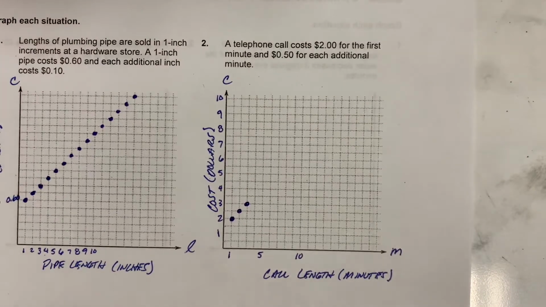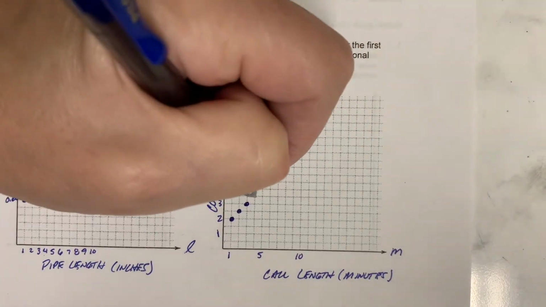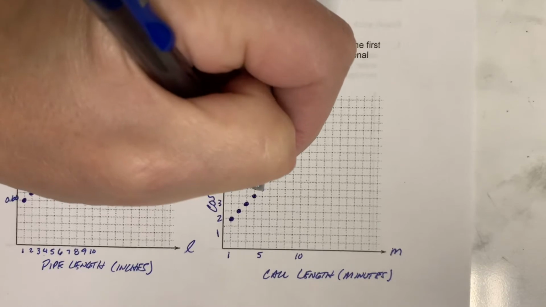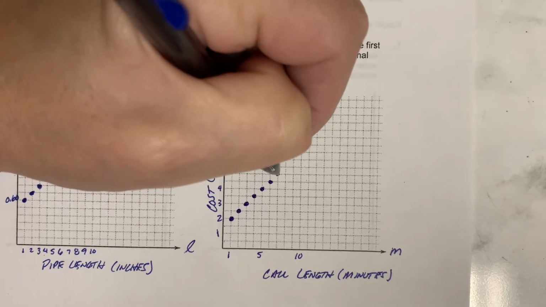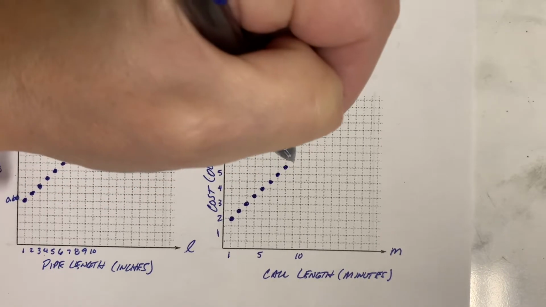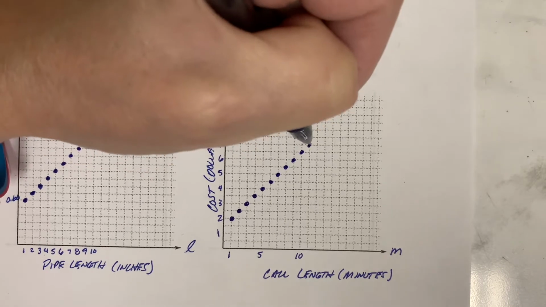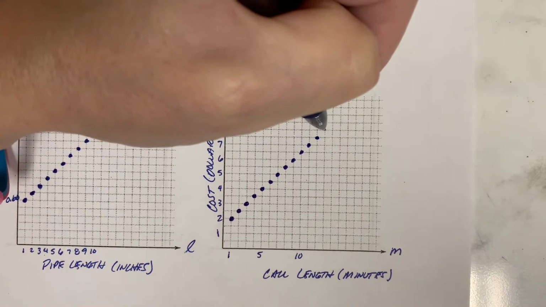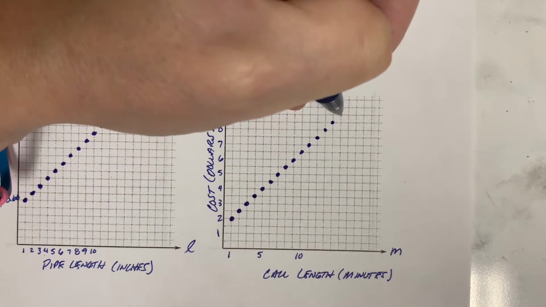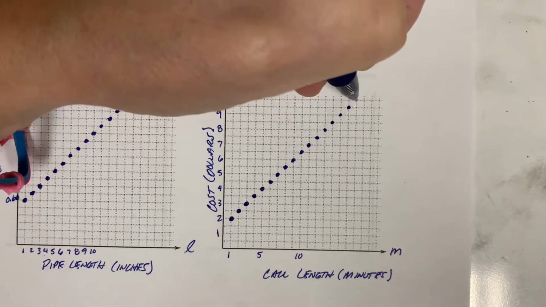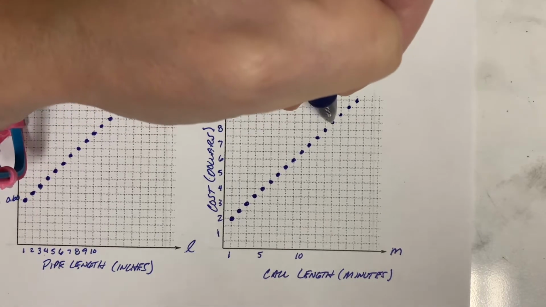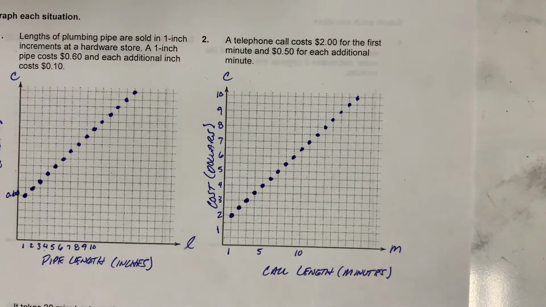And we kind of see that we're using the same pattern we did before to create the rest of our graph here, which if you use different scales for your grid lines, you would get a different looking graph, but it would still be the same situation. And this one, there's your graph for that one.